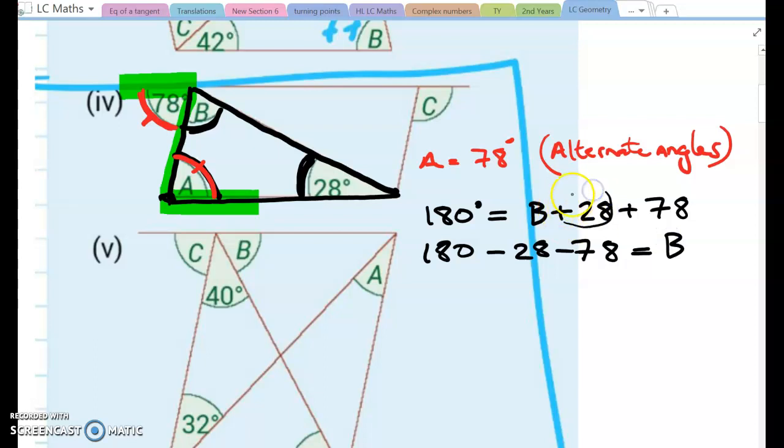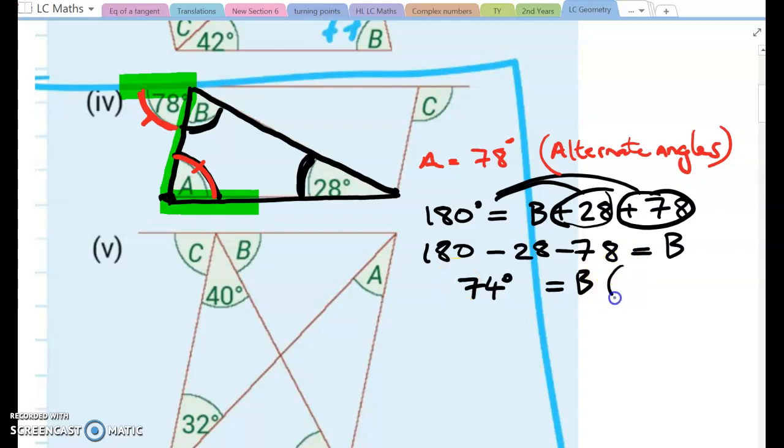So we just bring the numbers over onto the same side and leave the B where it is. So we know that, what's that, 90, 106 is 74? 74 degrees is B. So now we found what B is.